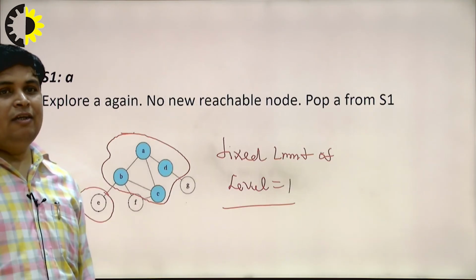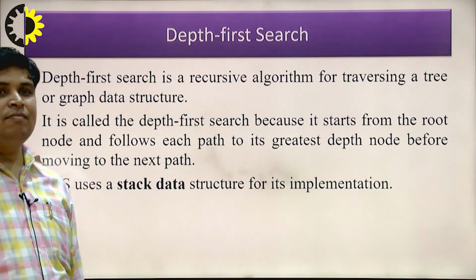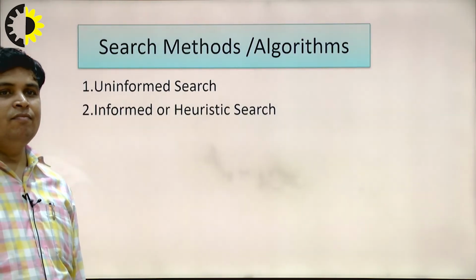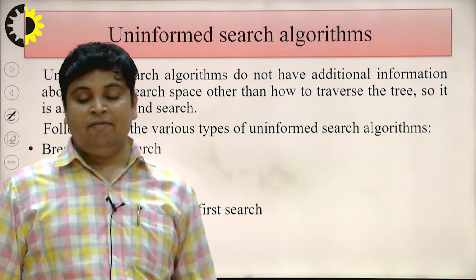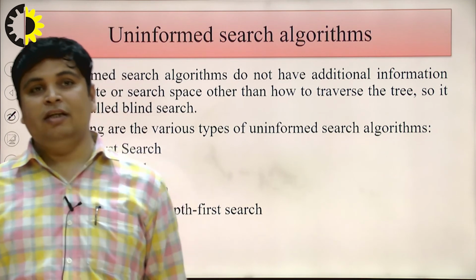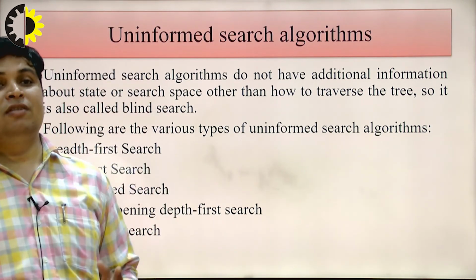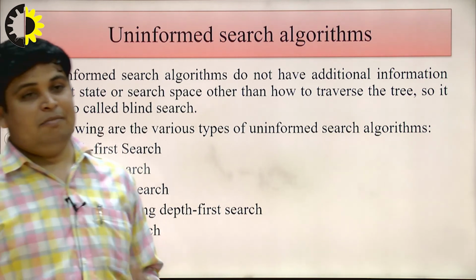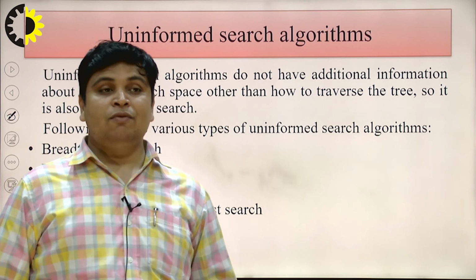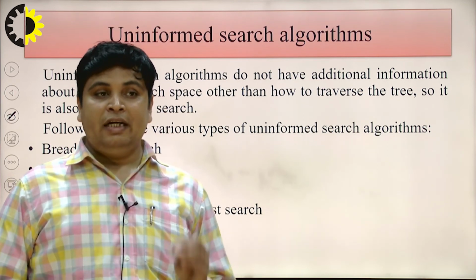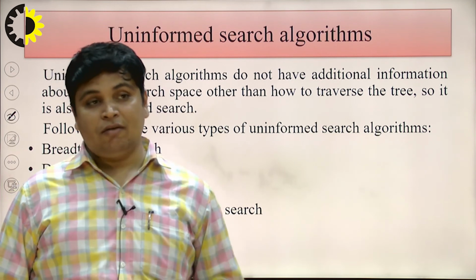So in today's lecture we have discussed all types of uninformed search. Why do we say uninformed search? Because they have no additional information about the state and the state space, search space. BFS uses FIFO, DFS uses a stack data structure, last in first out.